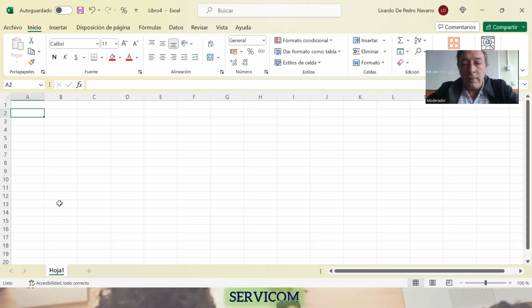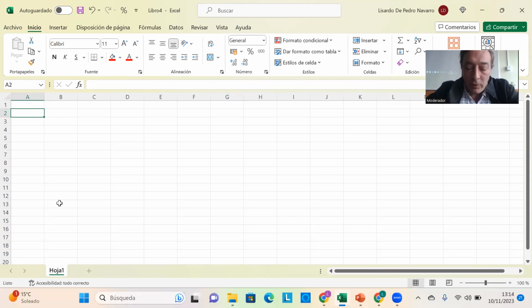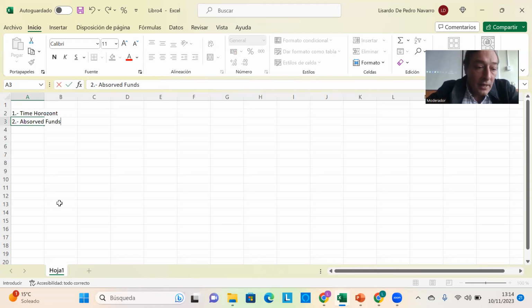First of all, I'm going to remember the steps that we have to develop for this project. First, the time horizon. The second step is absorbed funds. The third one is generate funds.